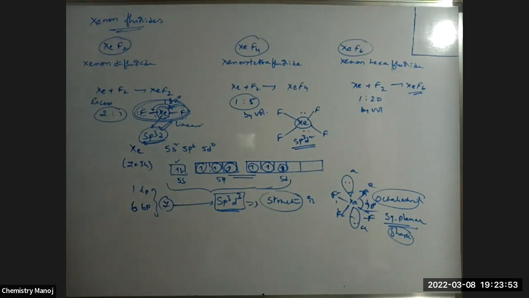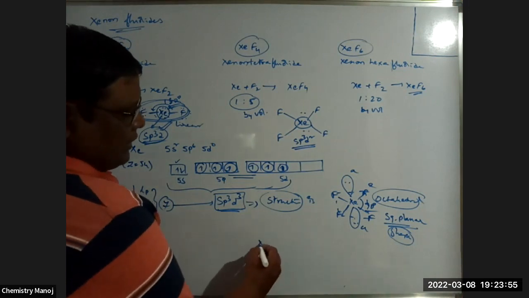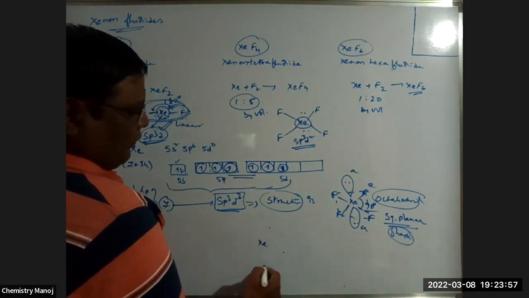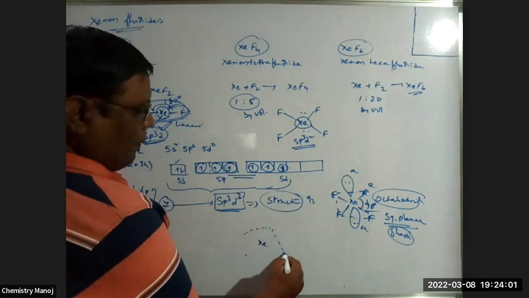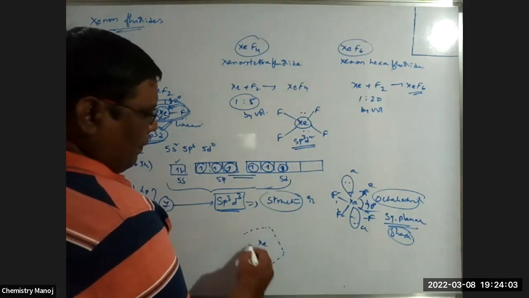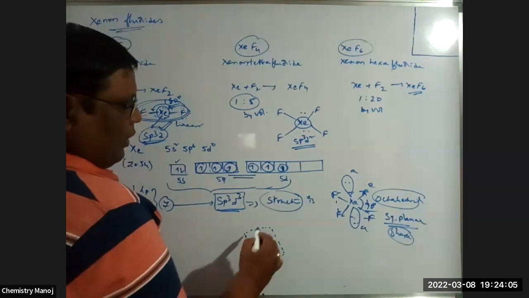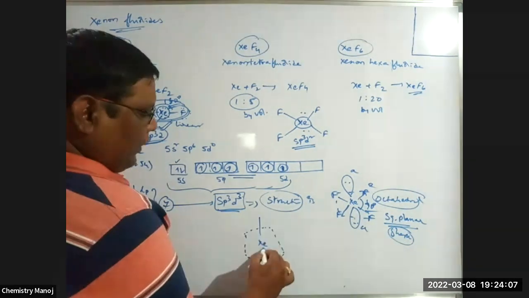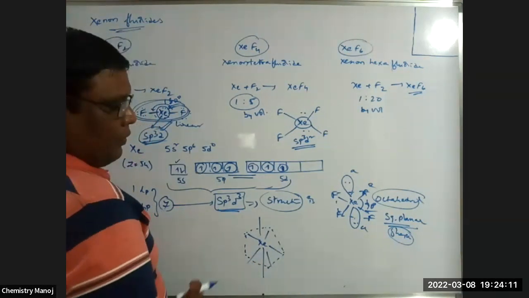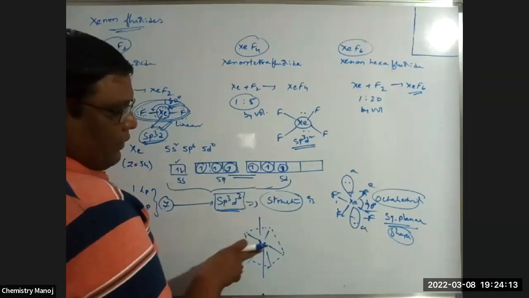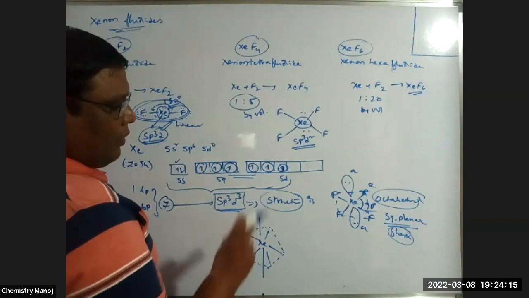sp3d3 hybridization means there is a central atom, xenon, at the center. 5 are in the plane, a pentagon, and one above and one below. So total 7: 5 within the plane, one above, one below.